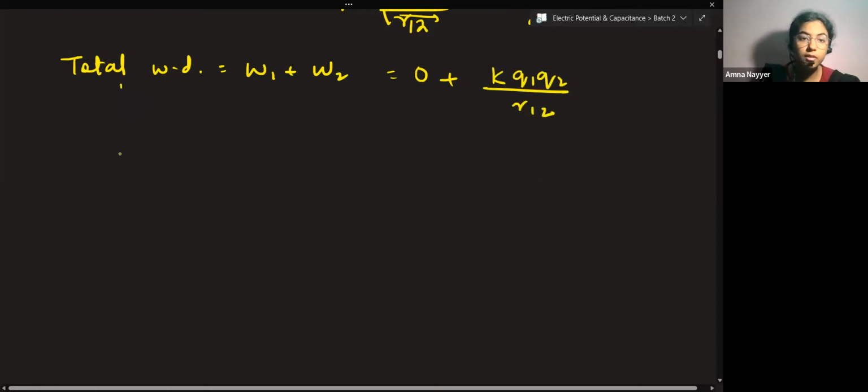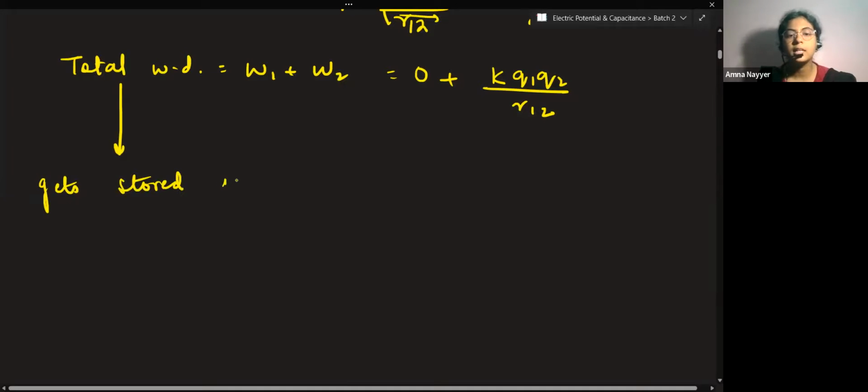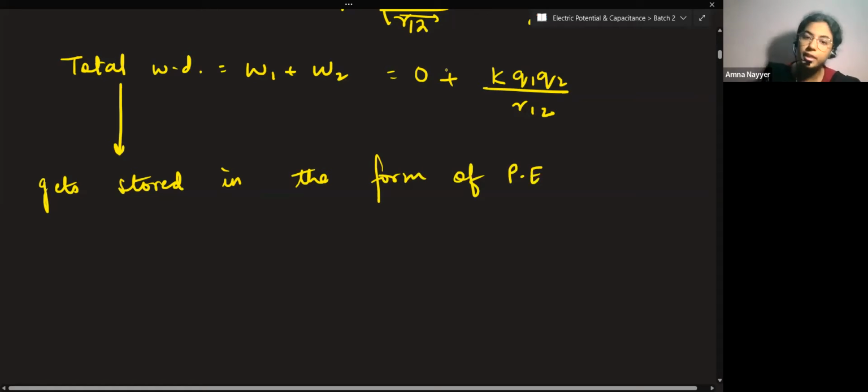Now this total work done gets stored in the form of potential energy. This work done only gets stored in the form of potential energy.